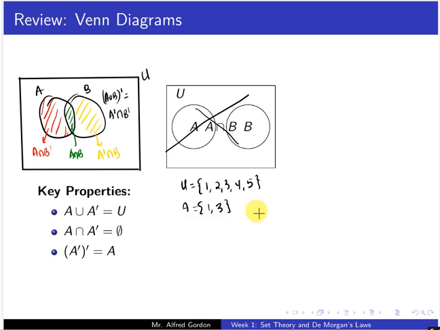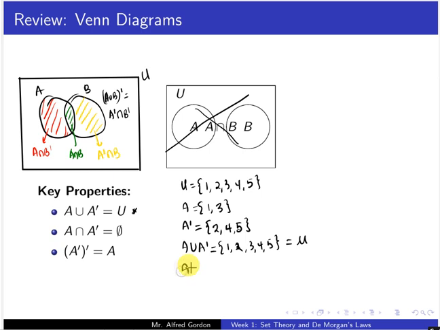Then A complement is the elements in the universal set but not in A. So 2 is in the universal set but not in A, so 2. 4 is in the universal set, not in A, so 4. 5 is in the universal set, not in A, so 5. Now when we find A union A complement, we get 1, 3, 2, 4, and 5, which is the same as the universal set U. So this is true.